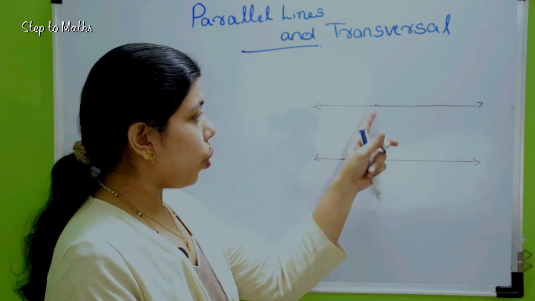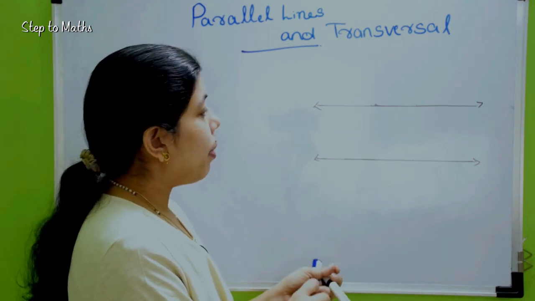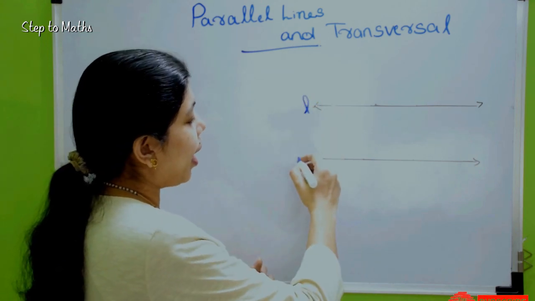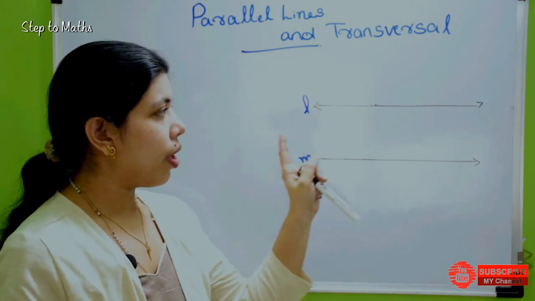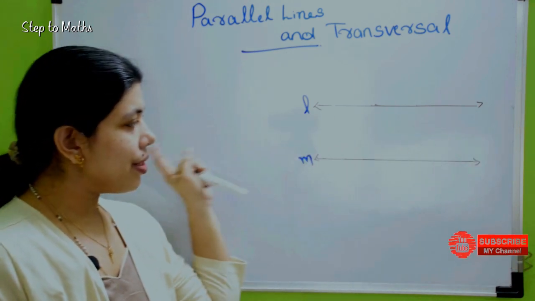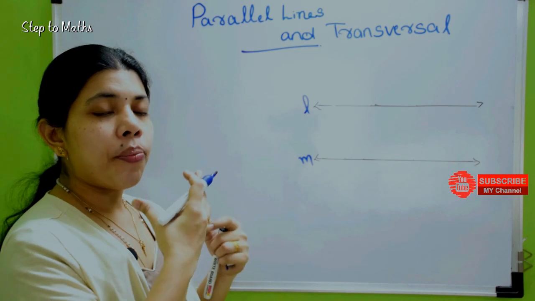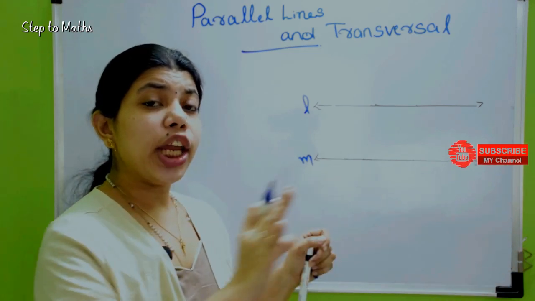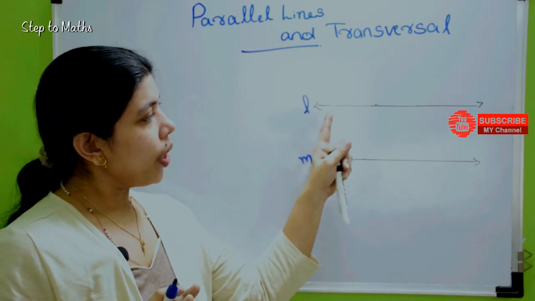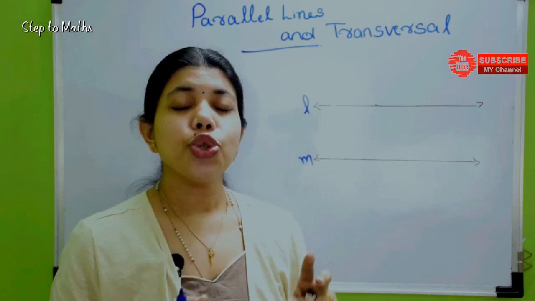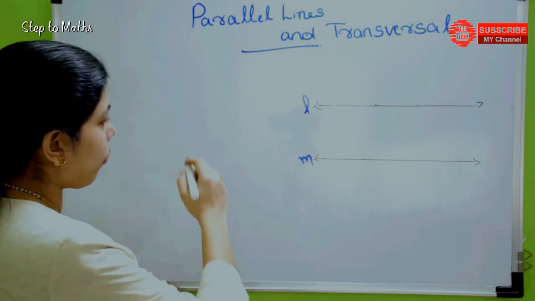Here we draw two lines. We can label these two lines as line L and line M. If we extend these two lines, line L and line M, they do not meet at any point. So, we can say that line L and line M are two parallel lines.